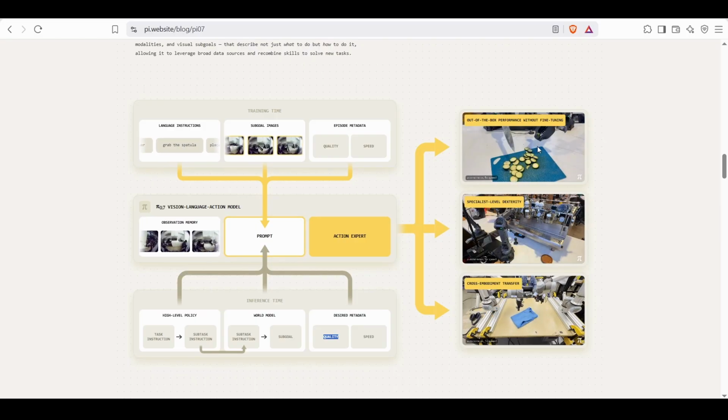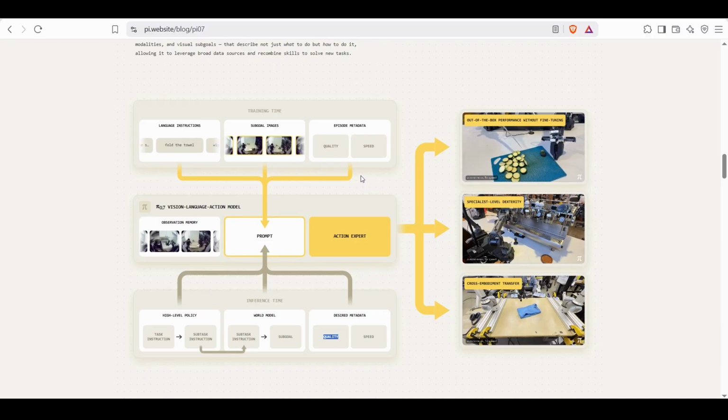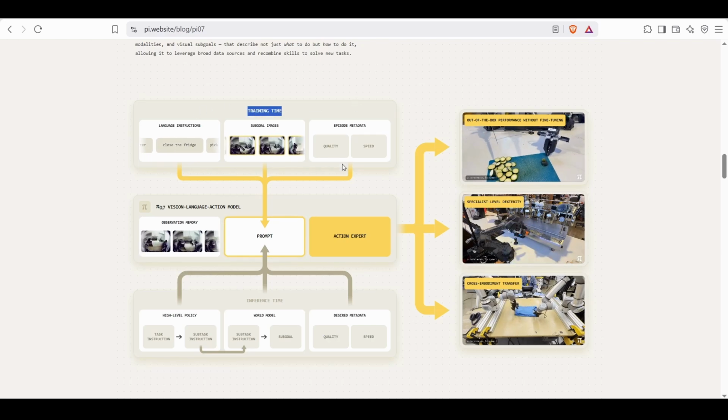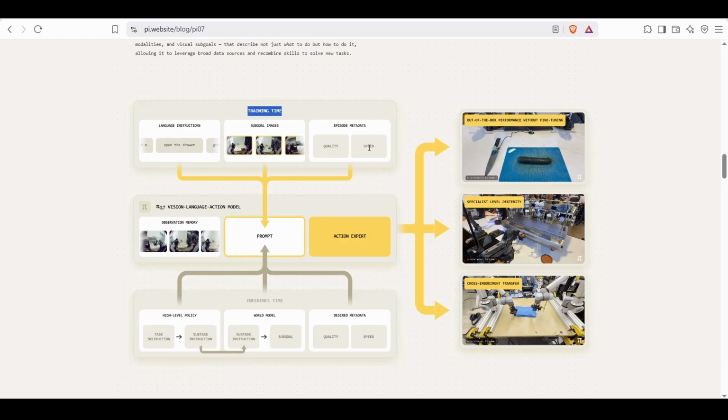And how that works is classifier-free guidance. So during model training, what they do is they randomly drop out metadata and quality so that the model ideally learns the distributions with the quality and the speed and without the quality and the speed.